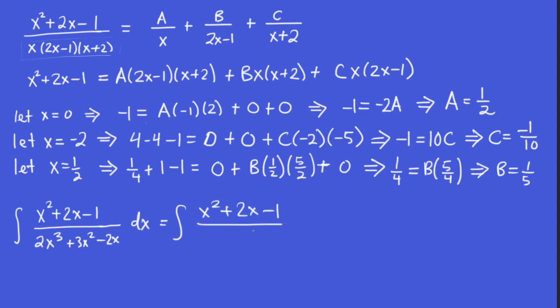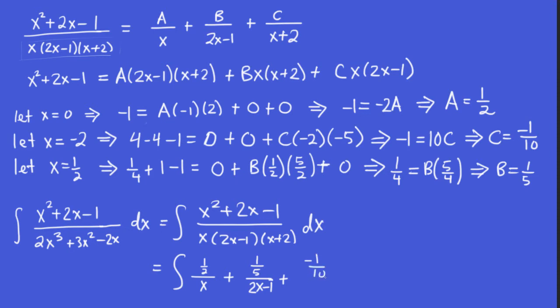We rewrote the bottom as x, 2x minus 1, x plus 2 dx. And then we broke this up into these 3 nice little fractions. A is a half, so this is really 1/2 over x. Plus B is 1/5 over 2x minus 1. Sorry, this is not x, this is 2x minus 1. And C is minus 1/10 over x plus 2.